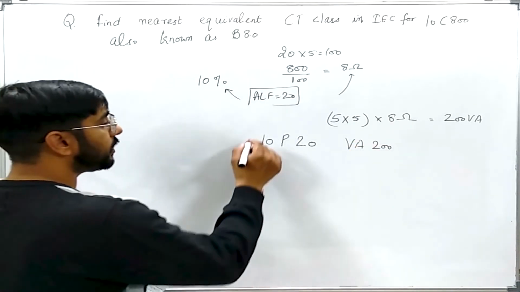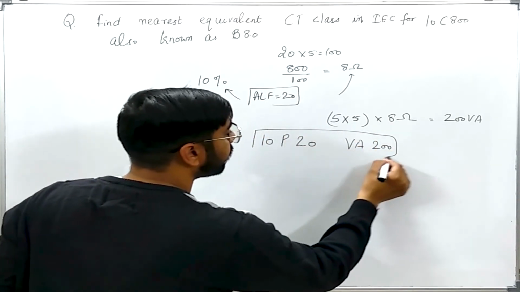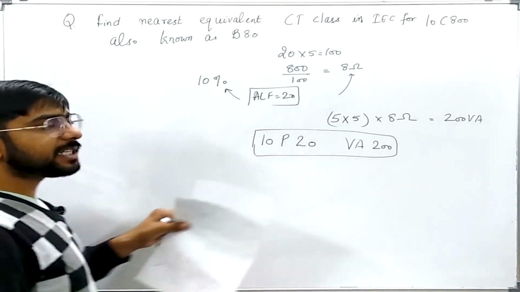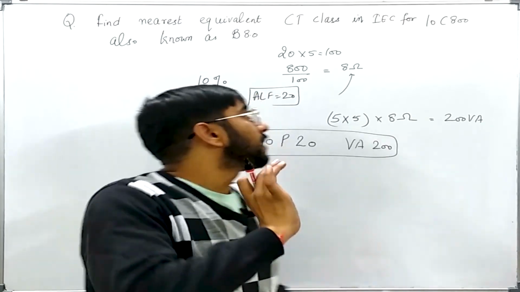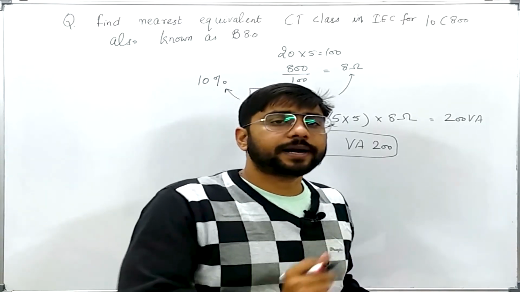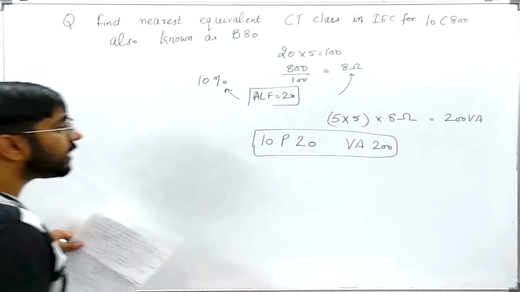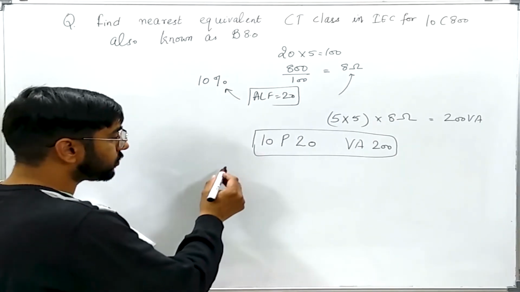Okay, so in this way we can find equivalence between the two CTs. This equivalence is not 100% exact because of the difference in the classification of the knee voltage in IEEE and IEC. Okay, now there is a formula which we usually use.